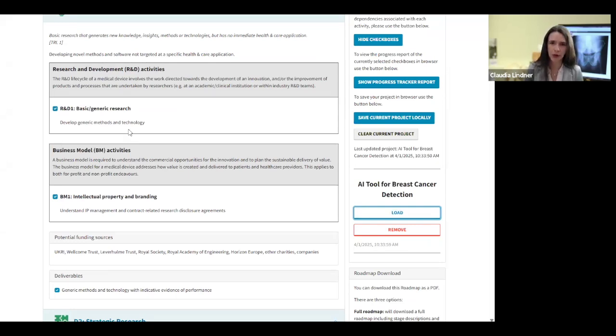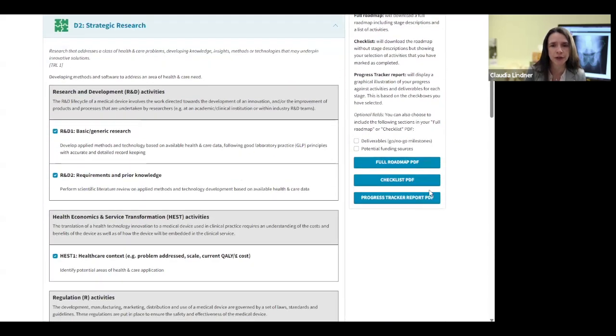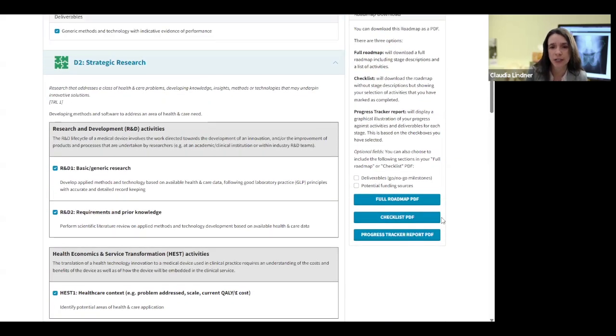Now, one thing to point out here is that this information about the projects is saved locally in your web browser. So if you were to go to a different computer, or if you were to use a different browser, that information wouldn't be there. However, to make that information a bit more permanent, you can export this information. If you scroll down on here, you've got a checklist PDF and a full roadmap PDF.